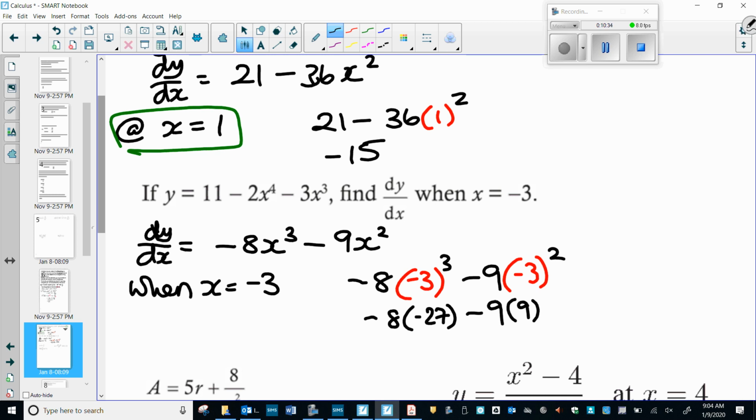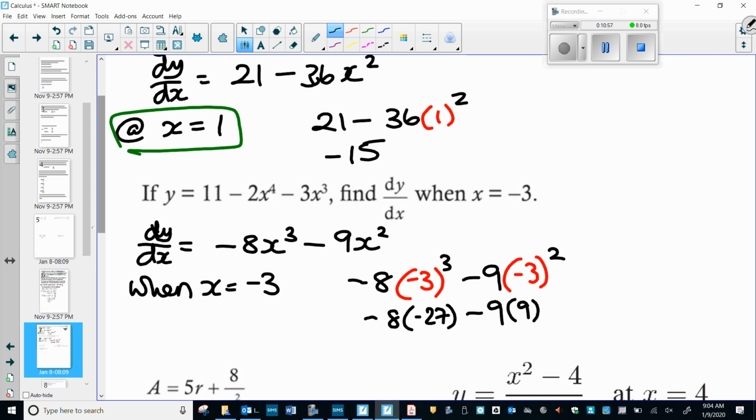Can someone check that for me? I did it on my phone. It's 216. I said that. I knew it was 216, I just kept talking about the 81.